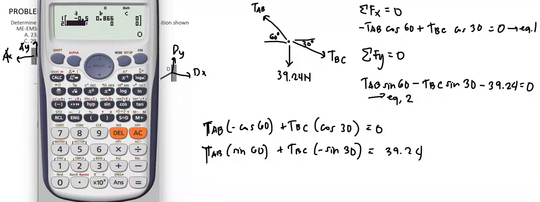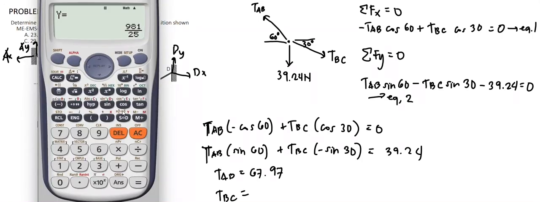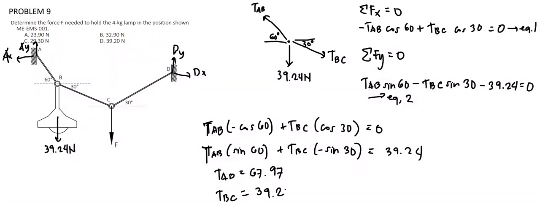From the second equation, TAB has sine 60 degrees and TBC has negative sine 30 degrees, equal to 39.24. Here we can solve TAB that's equal to 67.97 and TBC is equal to 39.24, in newtons.